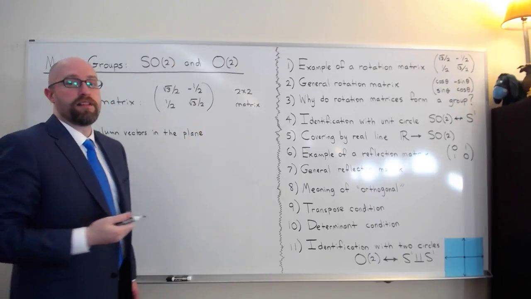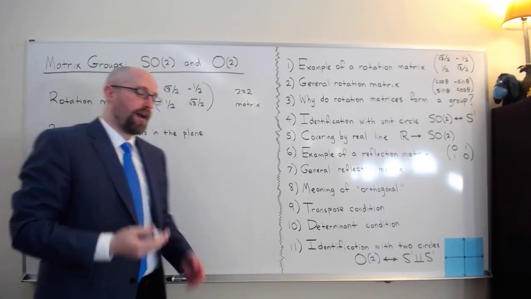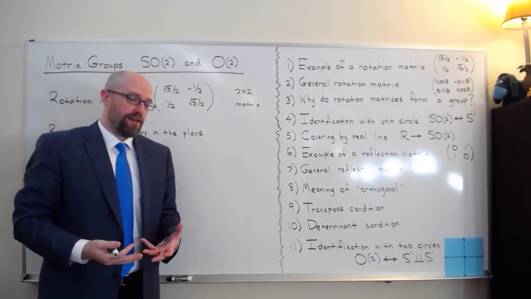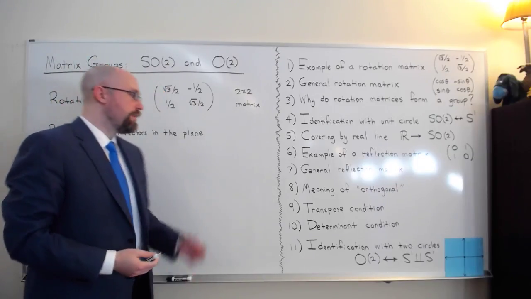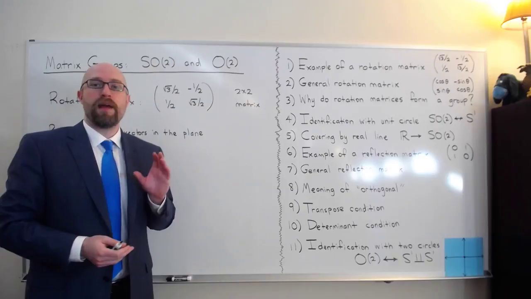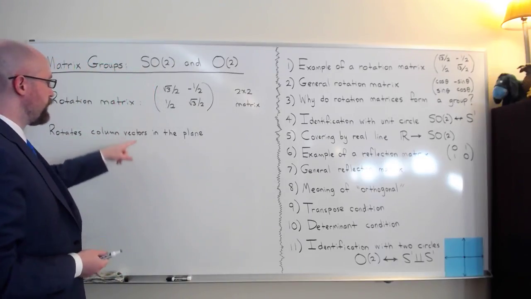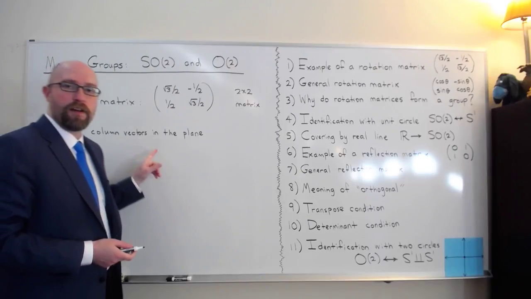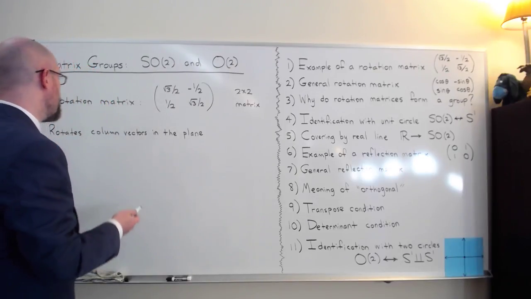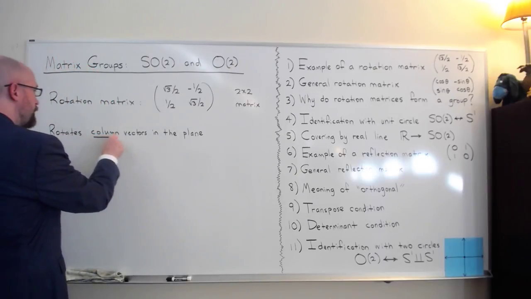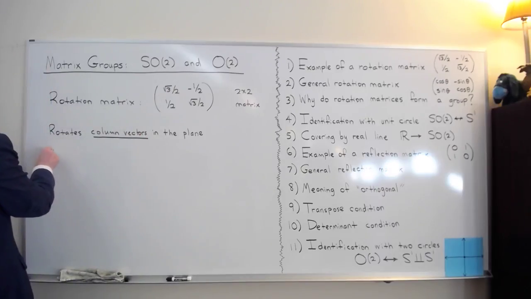Now, I'm not really assuming you know much. I'm not assuming you know linear algebra, for example. And we talked before about matrices and how to multiply matrices. But let me just remind you what these column vectors are, or how you can think of them.